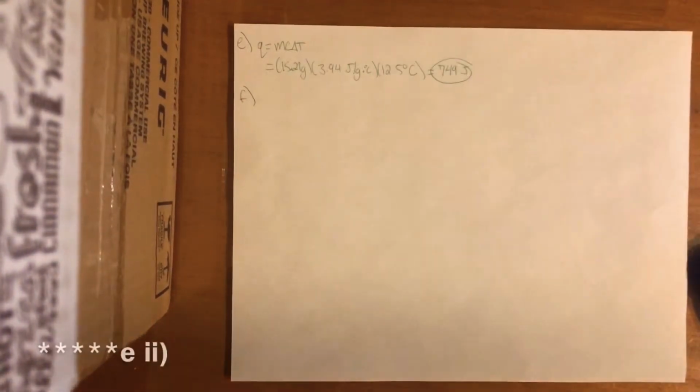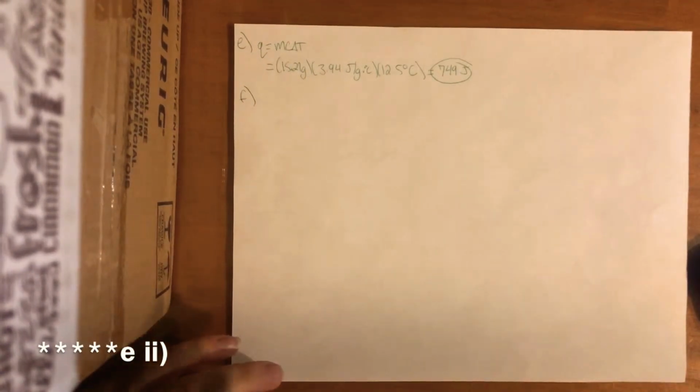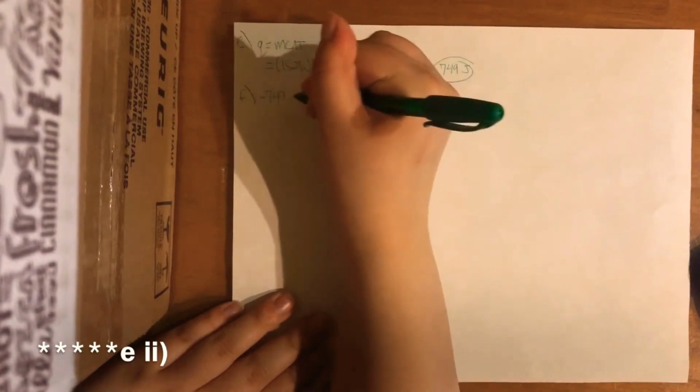So part F, you're going to do stoichiometry, and you're going to start with your answer from E, but it's going to be negative because the heat's released. So it's going to be negative 749 joules.